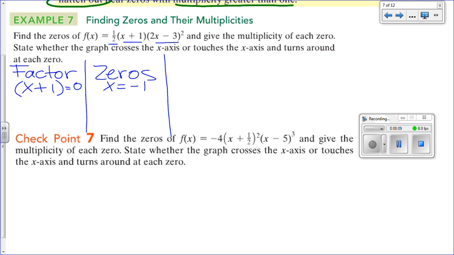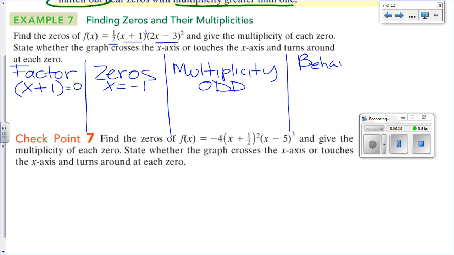Now, how many times do we have that factor occurring in the function? We don't see a number, so we assume it is a 1. Will 1 be odd or even multiplicity? Odd multiplicity.